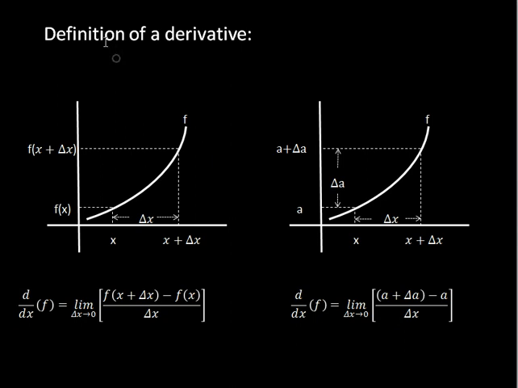Just a quick review of the definition of a derivative. With respect to x, we would look at it in this fashion. And if it's not with respect to x, it's just taking on the value a, where f of x equals a, or f of x plus delta x equals a plus delta a. The definition of a derivative would look like this.